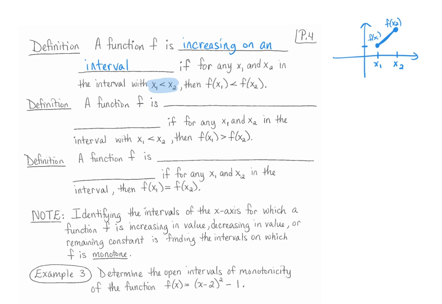A function is decreasing on an interval if for any x1 and x2 in the interval with x1 less than x2, so again, x1 is to the left of x2, then f of x1 is greater than f of x2.